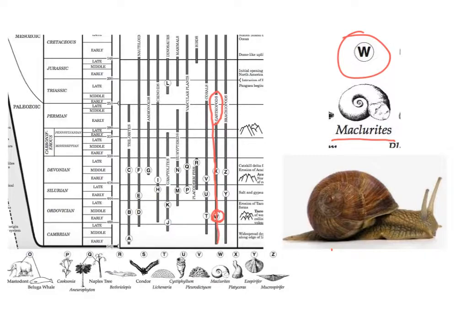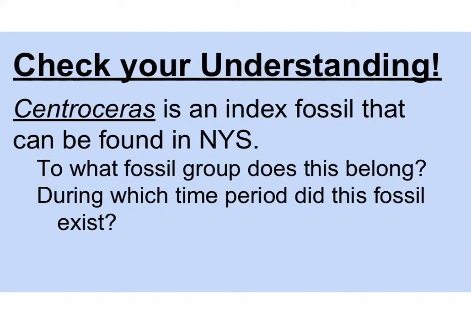And since this particular index fossil, McClurites, was only found here, it only existed here, if I follow that straight across all the way over to page 8, I would see that it survived only in the Ordovician time period. And we still have gastropods here today. They have not gone extinct. This is a perfect example. Little snails are gastropods.